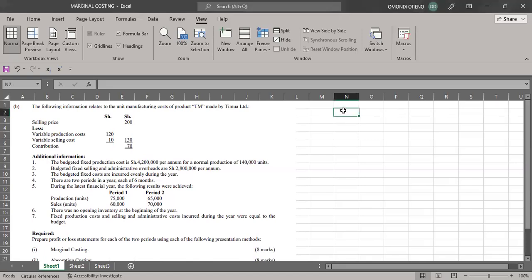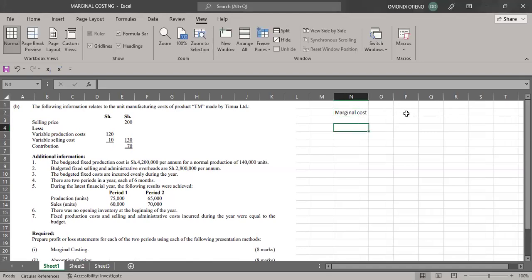Great. So let's see what you're going to do. The difference between marginal cost and absorption costing is basically the manner in which we are going to treat the fixed production overheads. So marginal cost and full or absorption cost. Good.